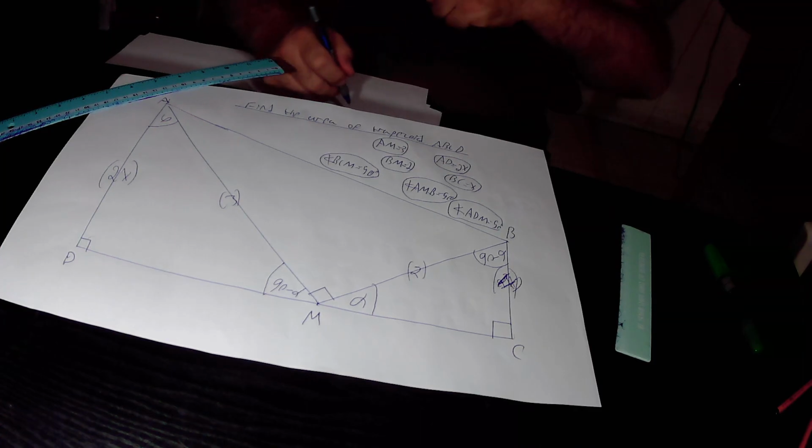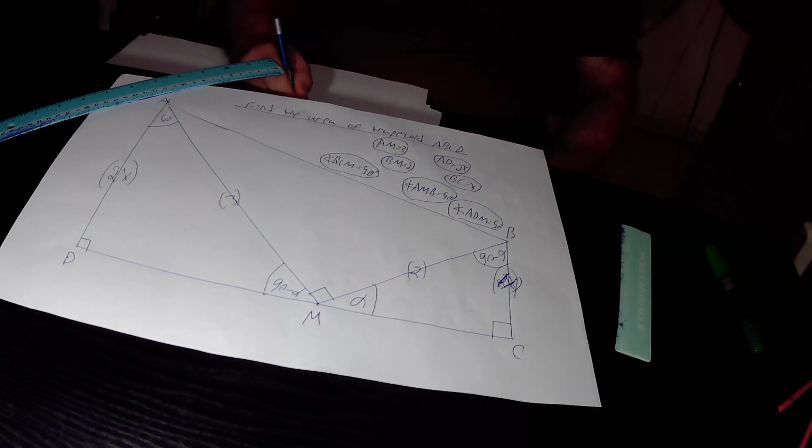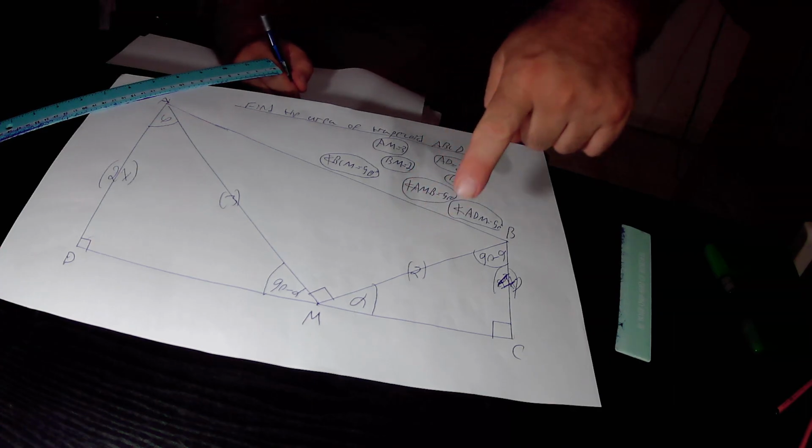And it is also equal to side AM of this big right triangle ADM over side BM of this small right triangle BCM.